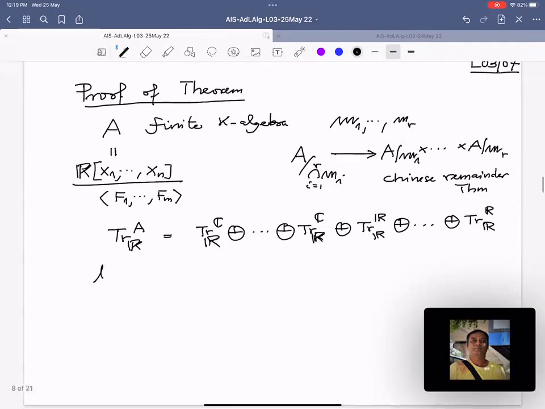So the type of the trace form of A over R will be the sum, summation i equal to 1 to, I don't know how many, of the trace form of K_i over R, where K_i is either R or C.